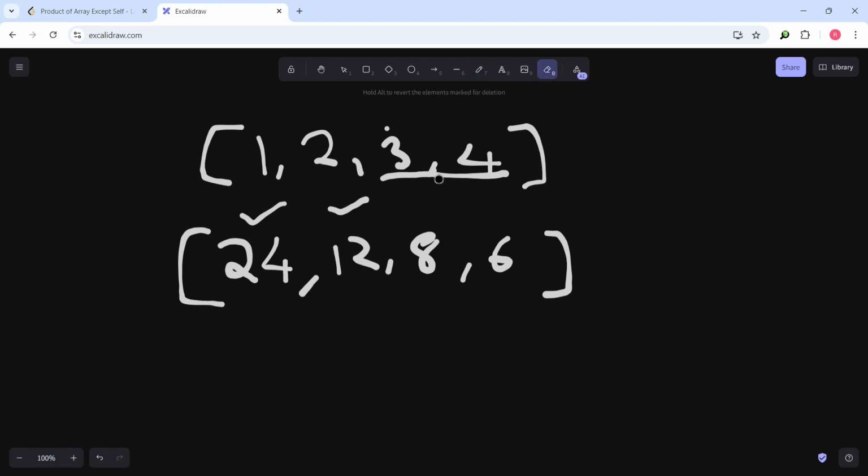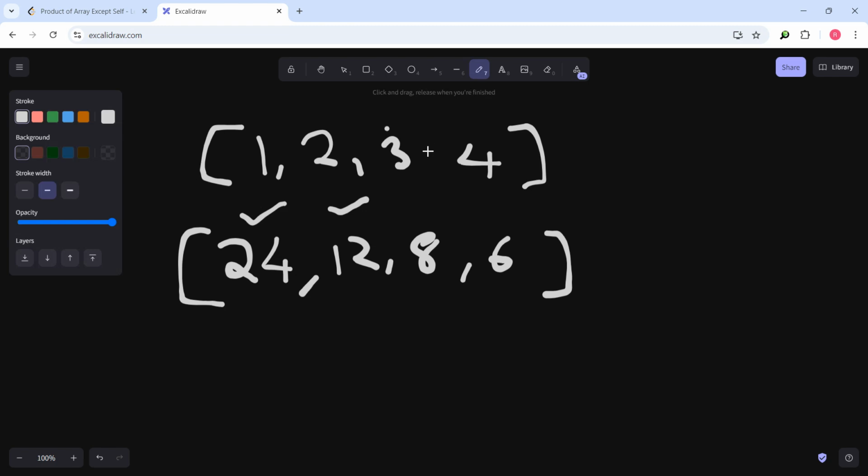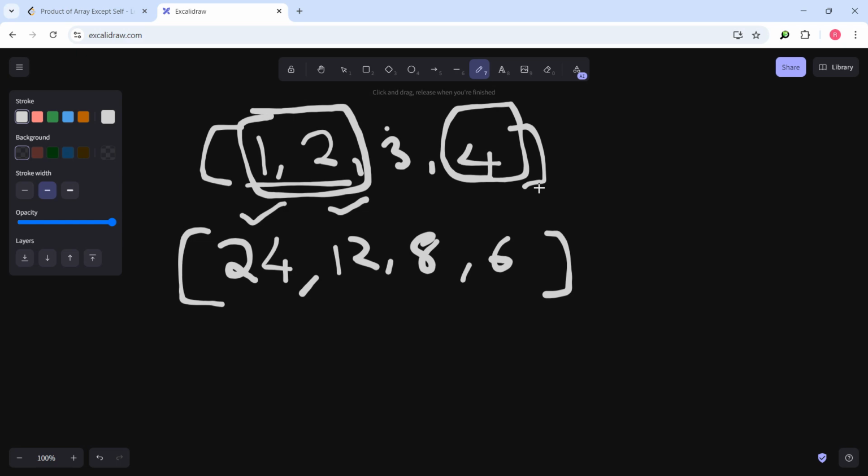And for the next value, for 3, we multiplied this and this. So we are seeing a pattern here. What is going on? We are multiplying all the values to the left and all the values to the right. So we are multiplying all the values to the left of the position that we are trying and all the values to the right.